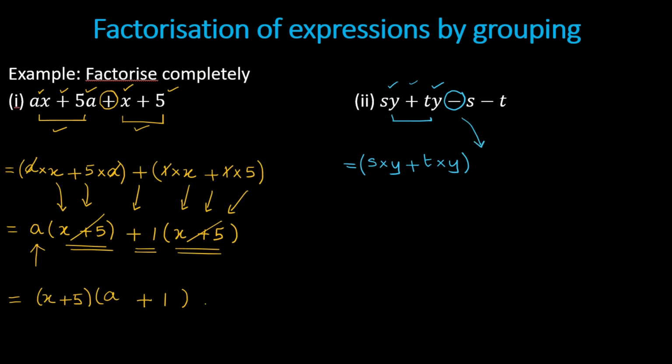You write down the minus, of course, but you have to be very careful. We are removing a minus outside the brackets. You remember, when we remove minus outside the bracket, what will happen to the next sign? The next sign is going to change to plus.